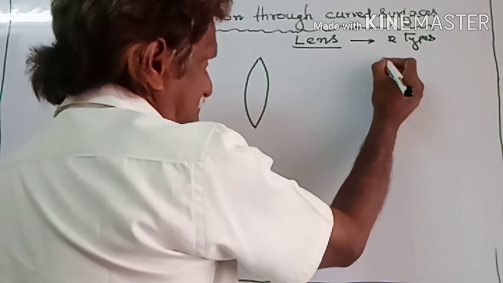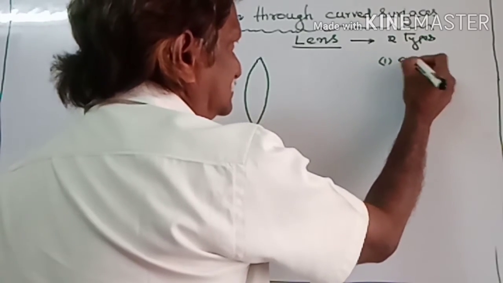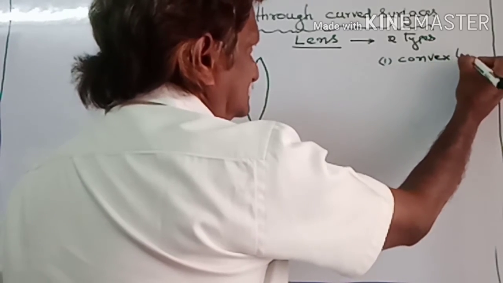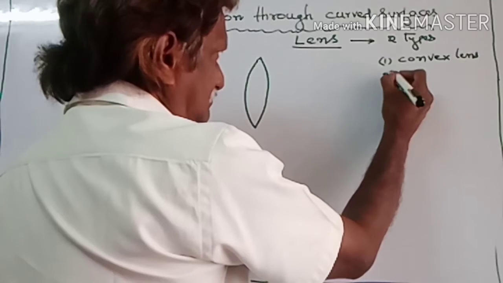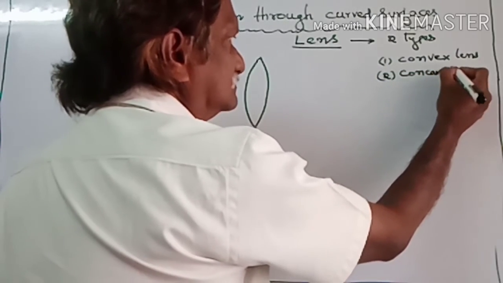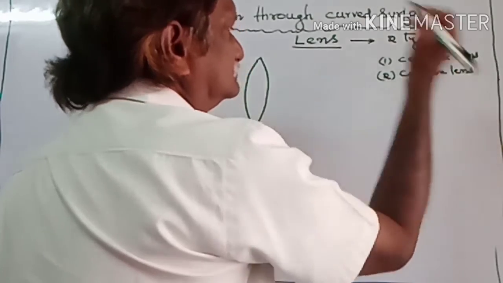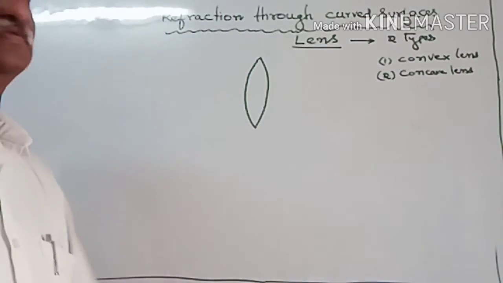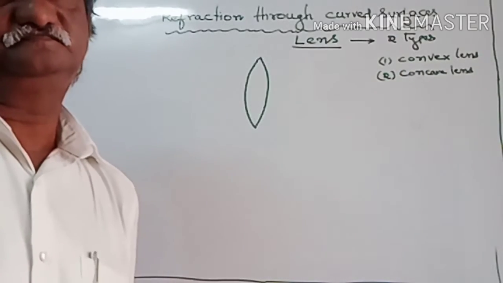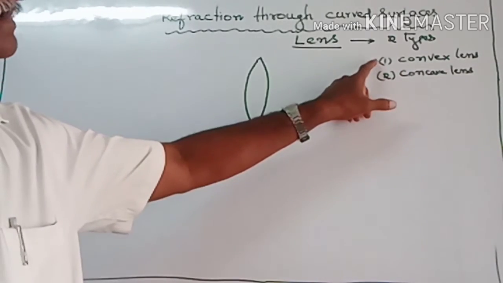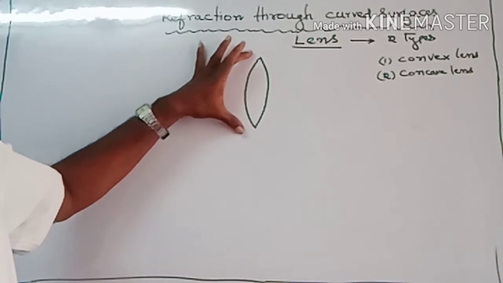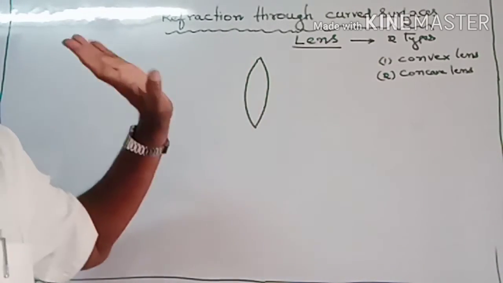First, convex lens. Second, concave lens. First one, convex lens. See, this is a convex lens.